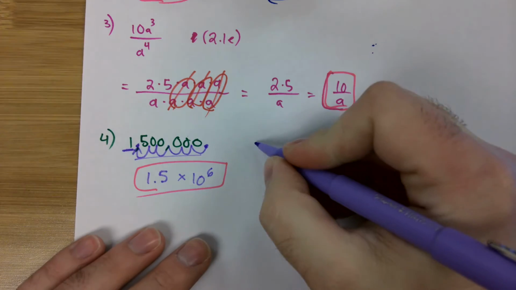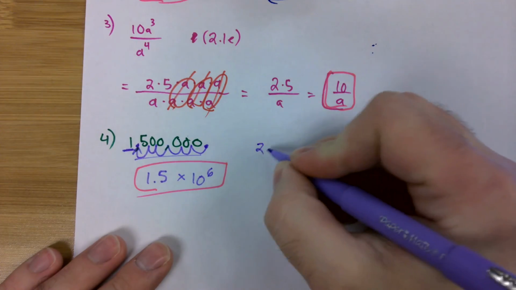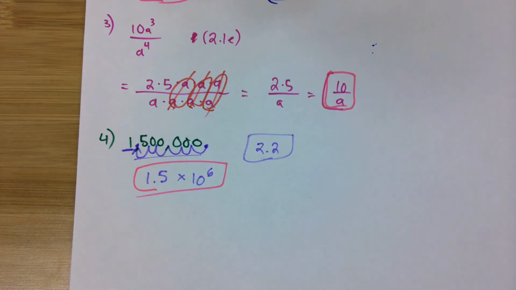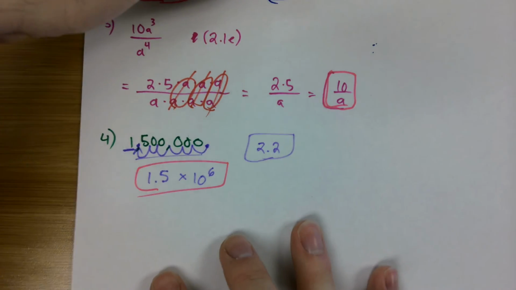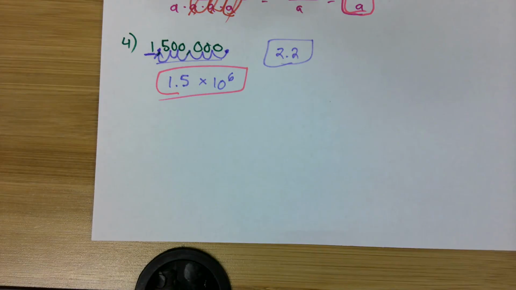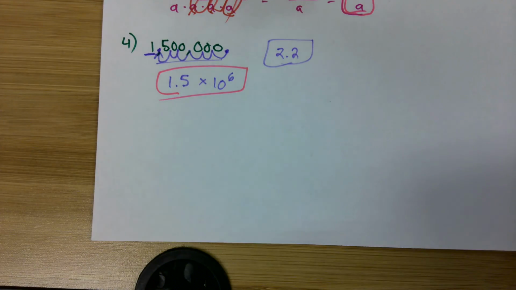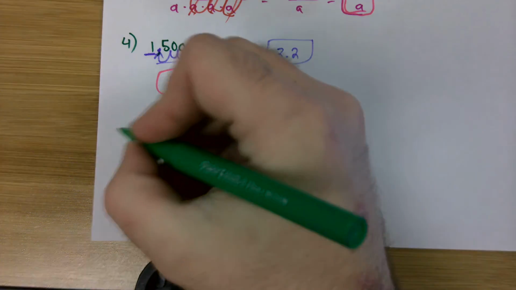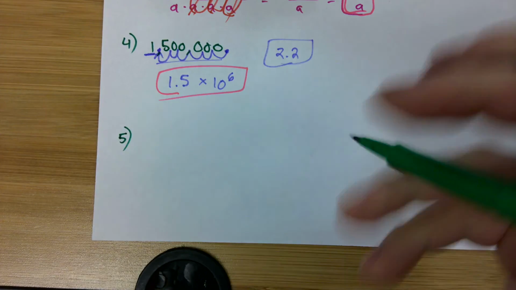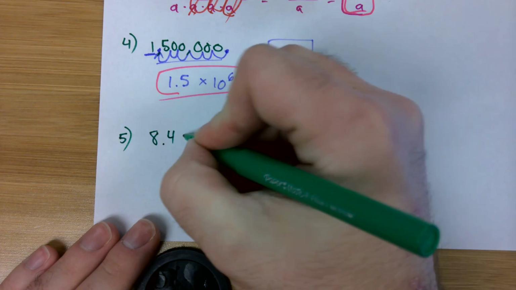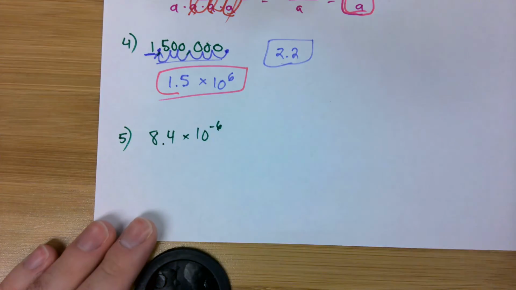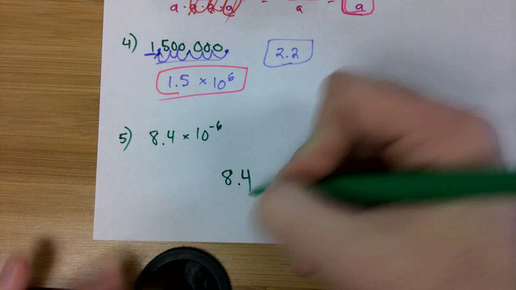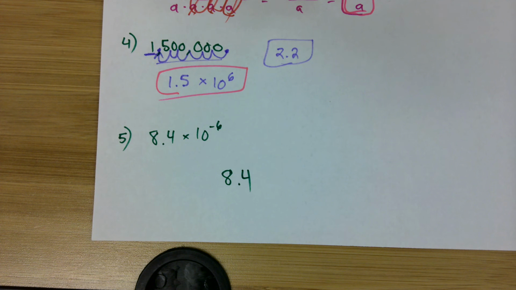Now it's from 2.2. Scientific notation, converting between standard and scientific. And then 5, we got 8.4 times 10 to the negative 6. Let's write out our 8.4. Are we going to move this decimal to the right or to the left, folks?